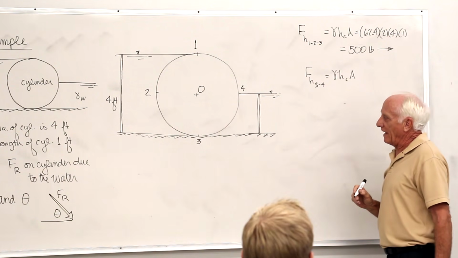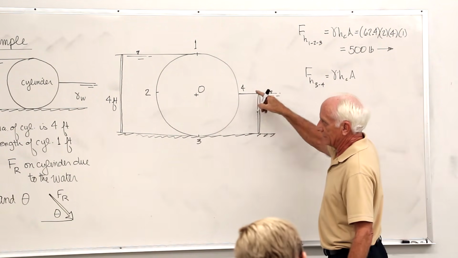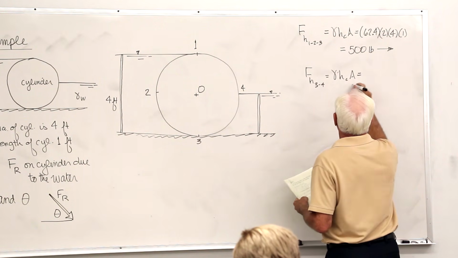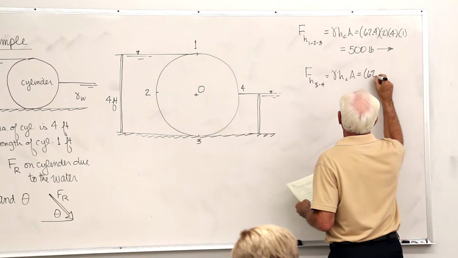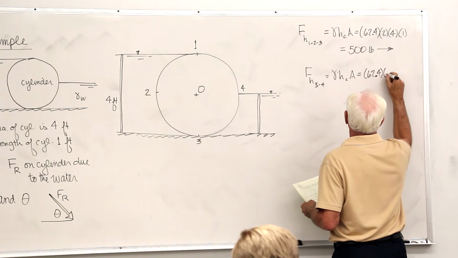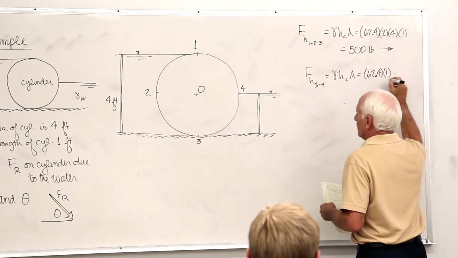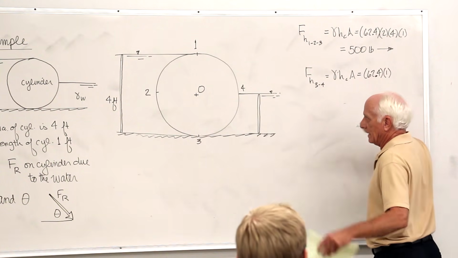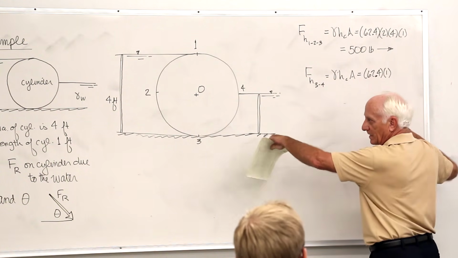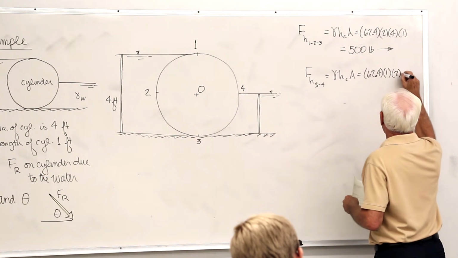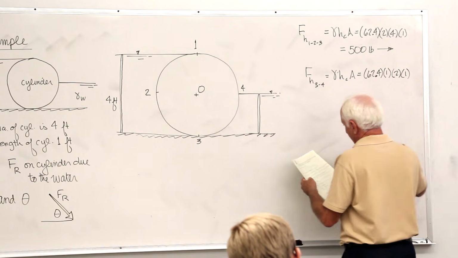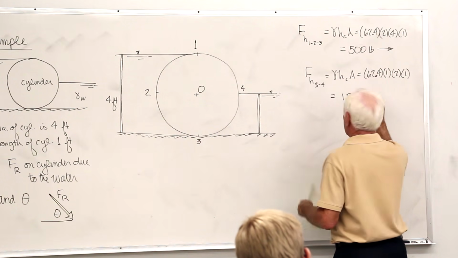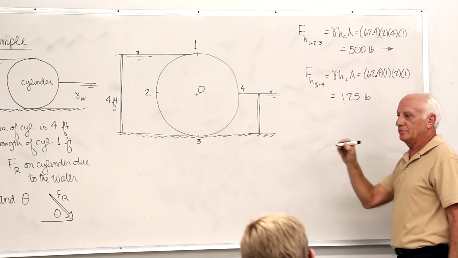Half of 4, half of, this is the radius, half of 2 is 1. 62.4 times H sub C, 1. What's the area? The radius, 2, times into the paper, 1. 125 pound force. Which way? Pushing to the left.